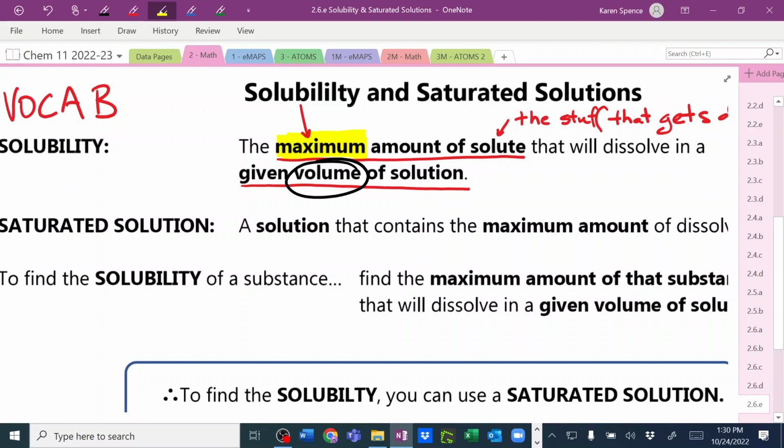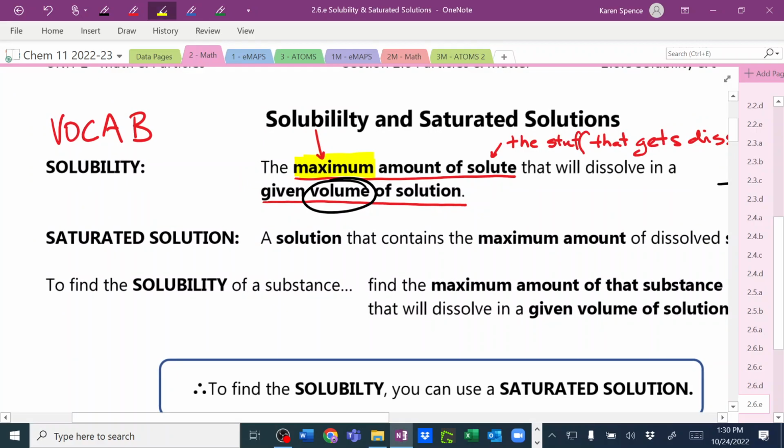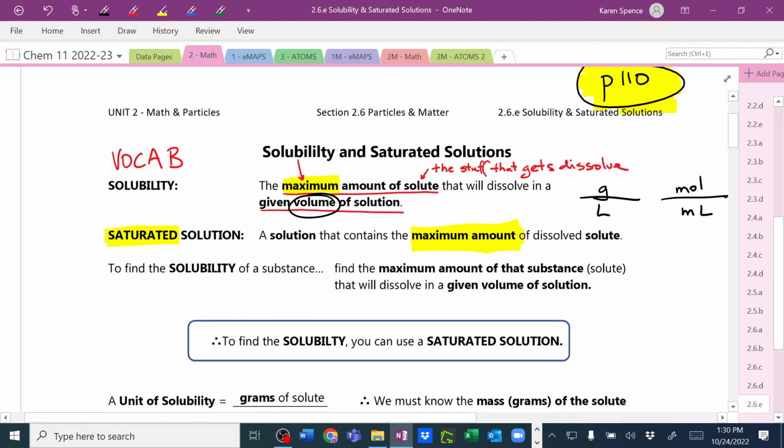What kind of a solution do you have if you can't put any more in? It's called a saturated solution. It is a solution that contains the maximum amount of dissolved solute. Okay?